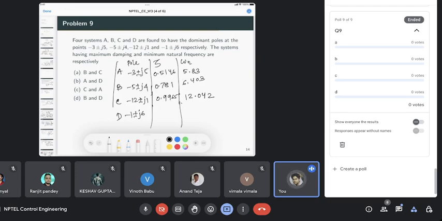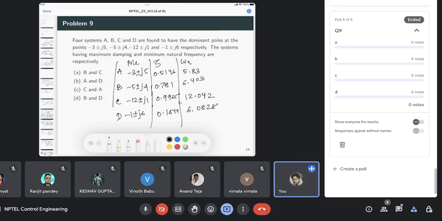D we have minus 1 plus minus j6. So again omega n is square root of 1 plus 6 square, right? So it is 6.0828, and damping ratio is the real part, which is 1 by 6.0828, which is 0.144.